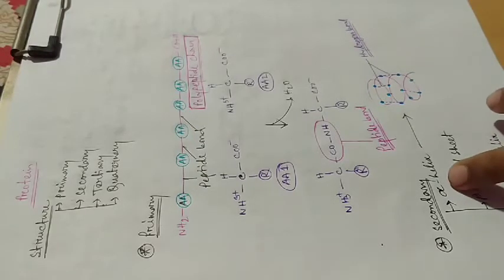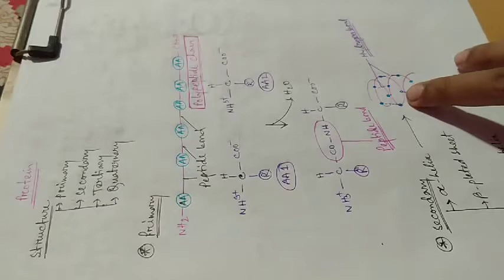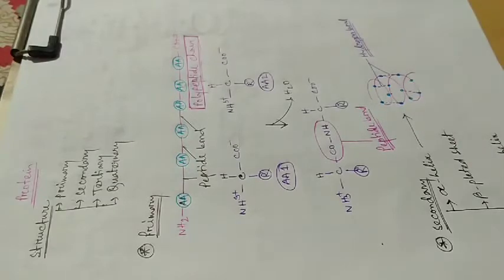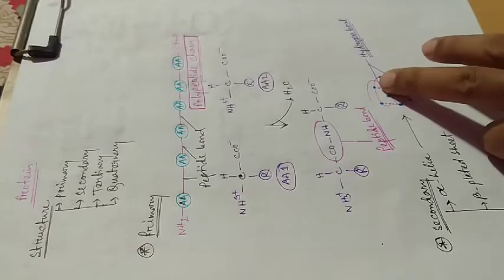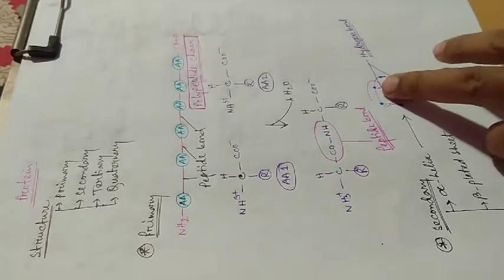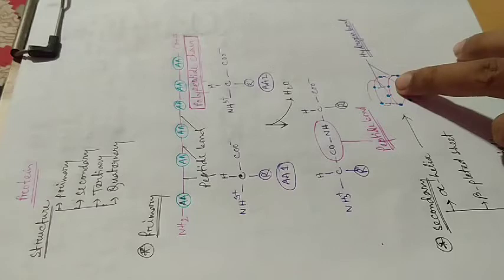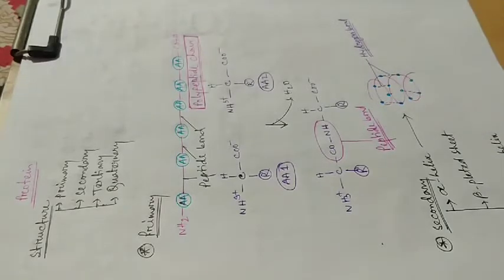Okay, so in alpha helix we can find two types of bond. One is the peptide bond, which forms between two amino acids of the peptide chain, and the other is the hydrogen bond, which occurs between the oxygen and the carboxyl group of amino acids.